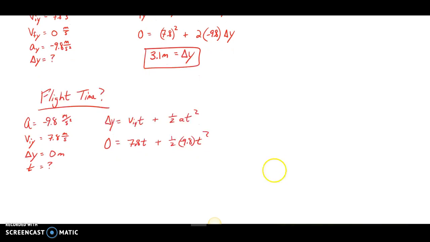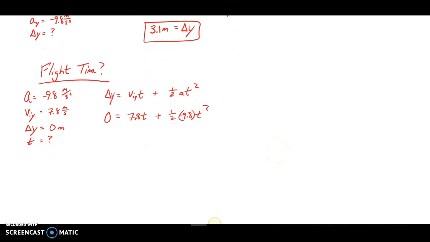At this point, if you're getting a cold sweat because you think you have to do the quadratic equation, fear not. You're not going to need to on this problem. If you just move one of the terms to the other side, you end up with 4.9 t squared equals 7.8 t. Divide both sides by t, then divide both sides by 4.9. You get a time of 1.59 seconds.